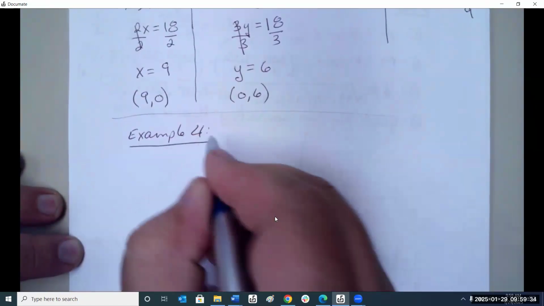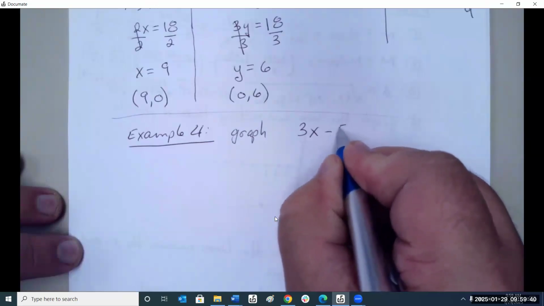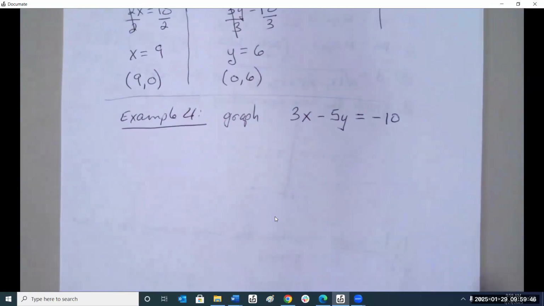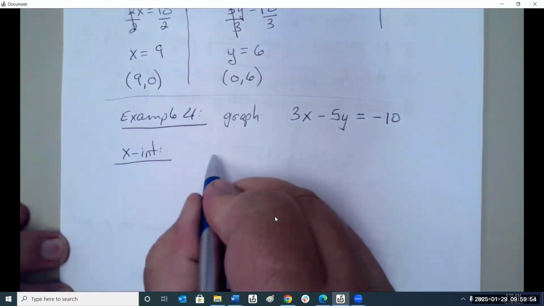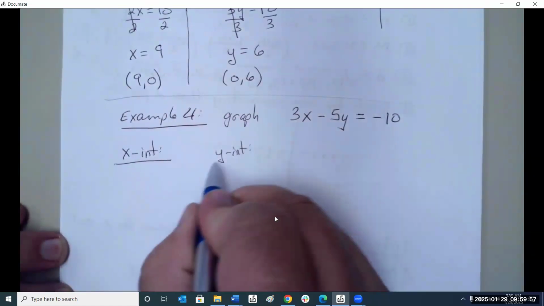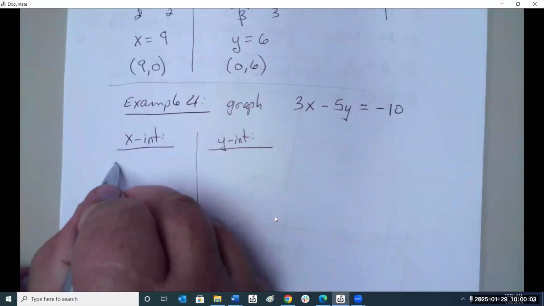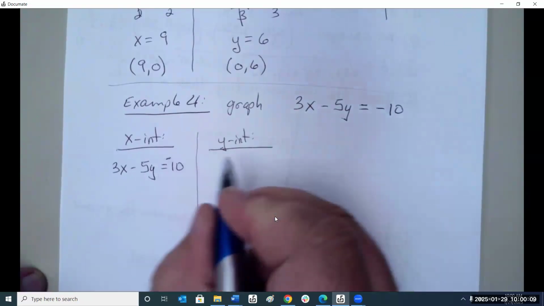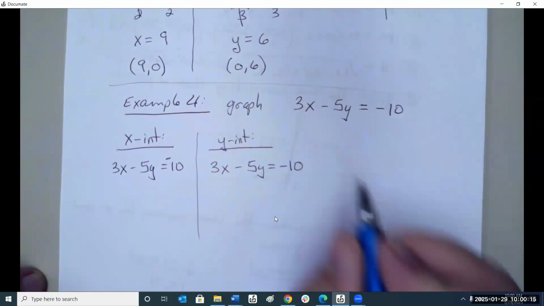Example 4 says graph this equation. 3x minus 5y equals negative 10. So we look for the x-intercept and y-intercept. 3x minus 5y equals negative 10.